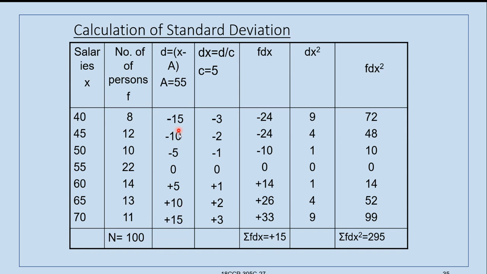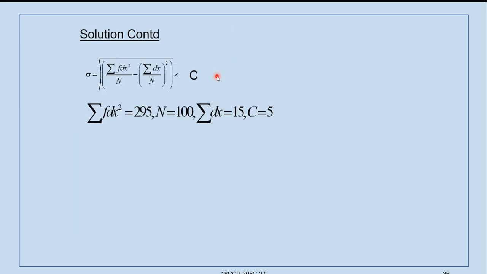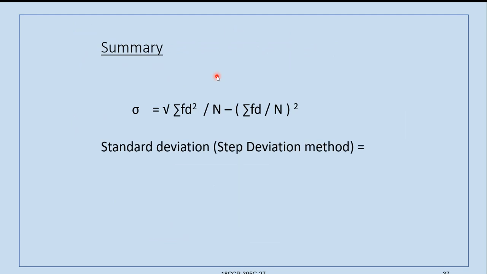So like that we have to see which number divides all these numbers, that we have to take as common factor. 15 can be divided by 5, 10 can be divided by 5, 5 can be divided by 5, 0 can be divided by 5, anything by 0 by anything is 0, 5 can be divided, 10 can be divided, 15 can be divided. So C is taken as 5. Like that we have to take C and then we will see.